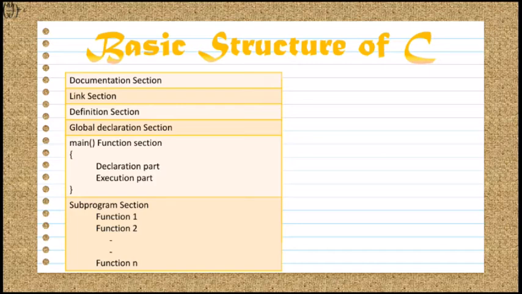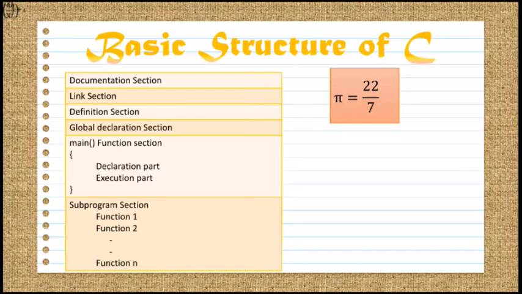As you know, in mathematics, the value of pi is 22 divided by 7, that is 3.142, and it is constant, and that remains the same because it's a constant value. So if you want to declare such type of values as constant, we have to declare that in definition section.